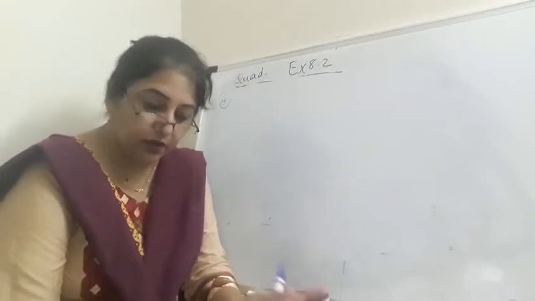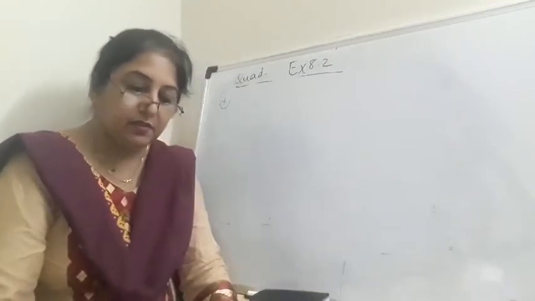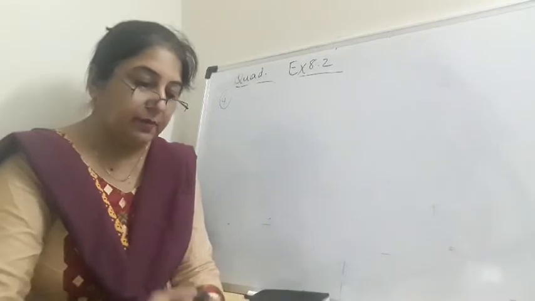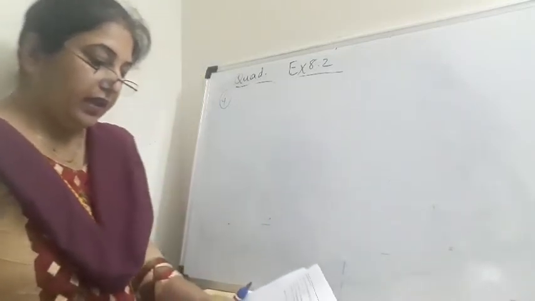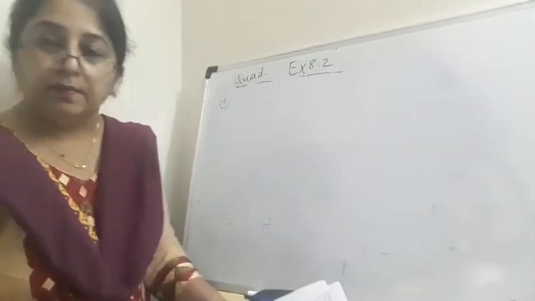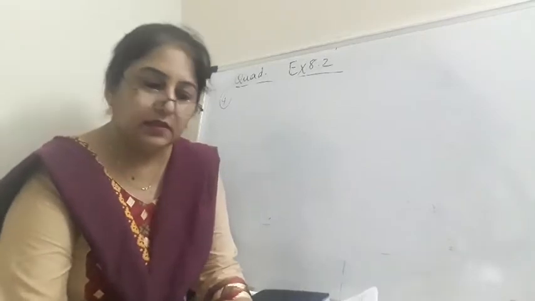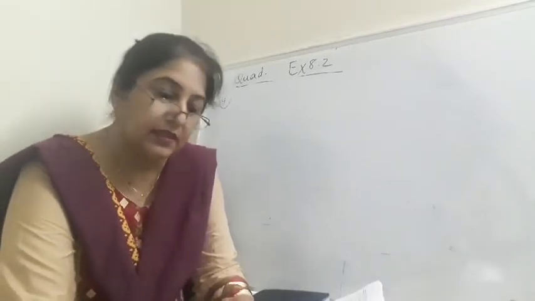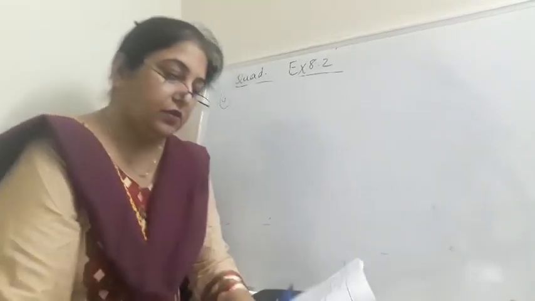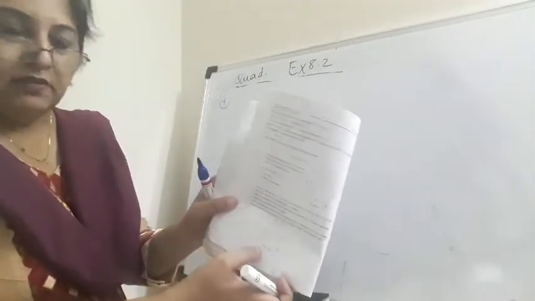Figure is given. I'll draw it. You have to prove that F is a midpoint of BC. So let us see the diagram. In a trapezium, one pair of opposite sides is parallel. So let us draw this figure. It's given in the book.